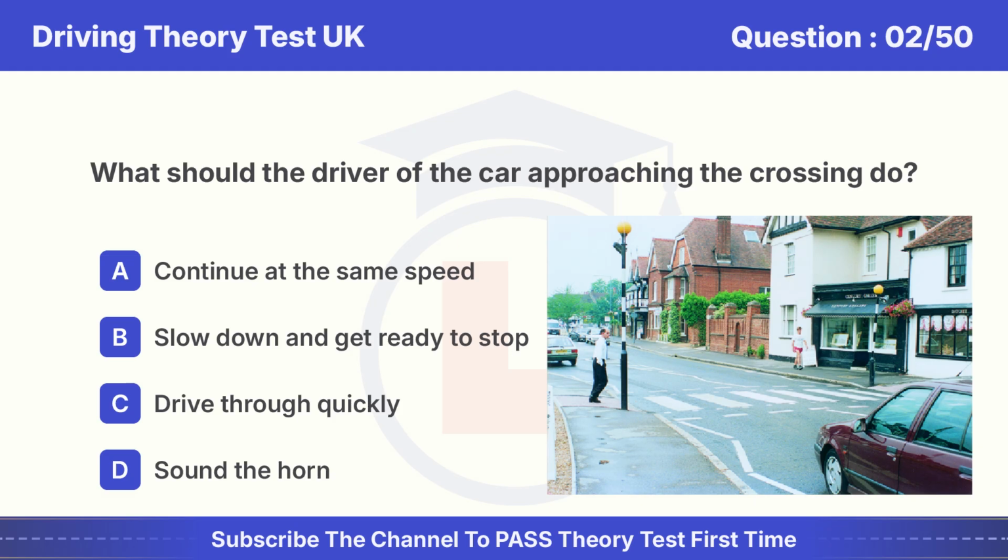Question 2. What should the driver of the car approaching the crossing do? Answer is B. Slow down and get ready to stop.